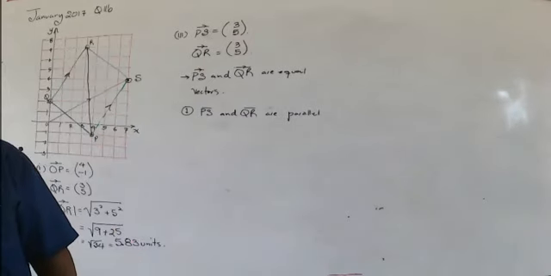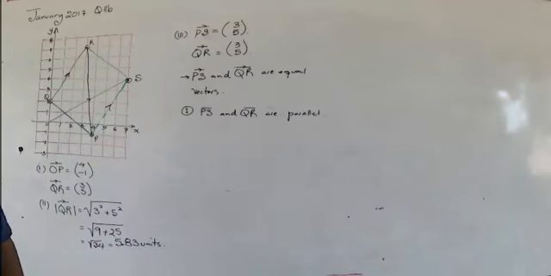They have the same magnitude. If two vectors are equal, they have the same magnitude and the same direction. If two lines have the same direction, the two lines are parallel.